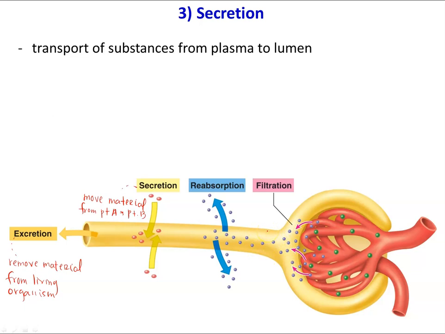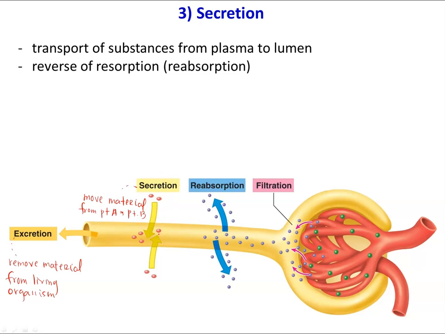But there's another entryway. For some molecules, not all, in order to get rid of toxins, we can directly secrete them from the plasma, and this is from blood vessels that are residing here. So from the plasma straight to the lumen of the nephron.